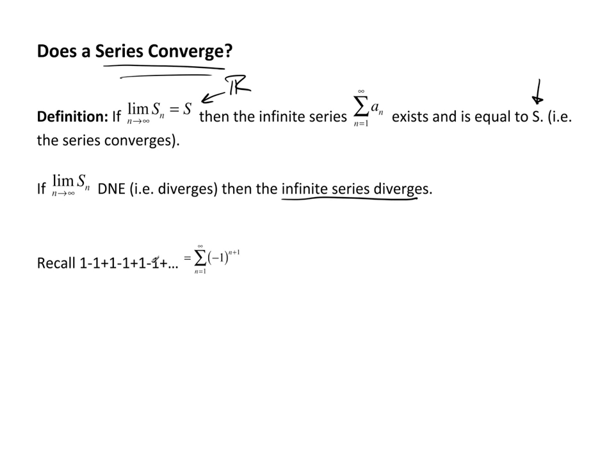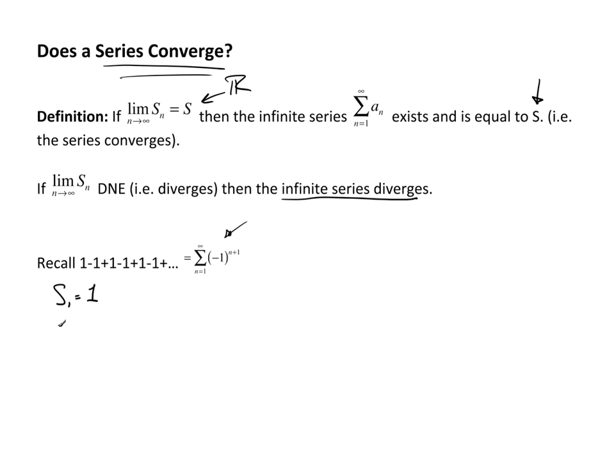So let's go back to this example I talked about earlier, this 1, -1, 1, -1. I can represent this as an infinite series. If I start looking at actual values, the partial sums, what I'll see is S1, the first partial sum, when n equals 1, this exponent is even, so -1 to an even exponent will be a positive 1.